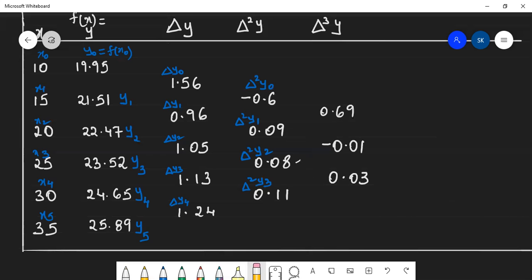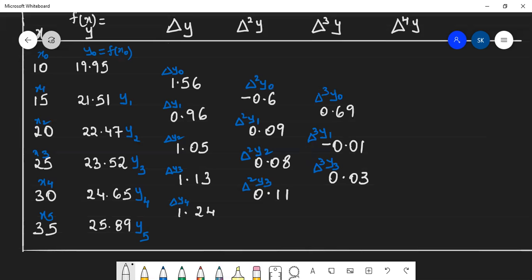So what are these values? You have the values of forward delta cube y0, forward delta cube y1, forward delta cube y2. Fine. Next column will be forward delta power 4 y. What is this? Subtract. Minus 0.01 minus 0.69.